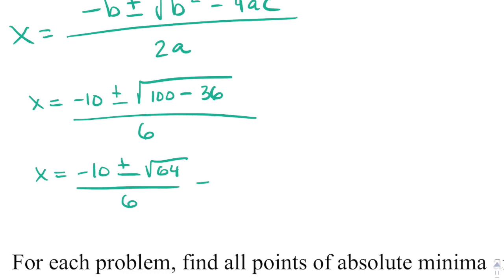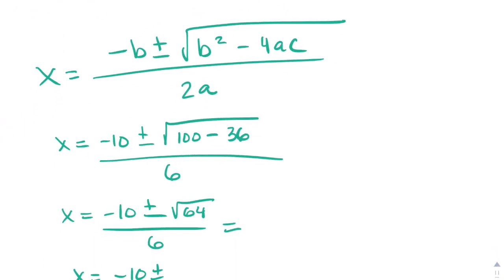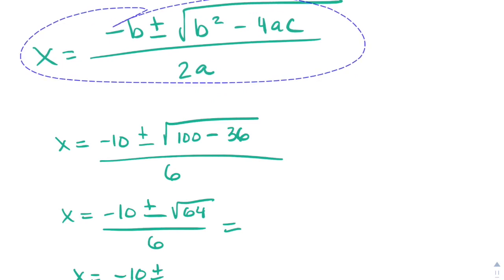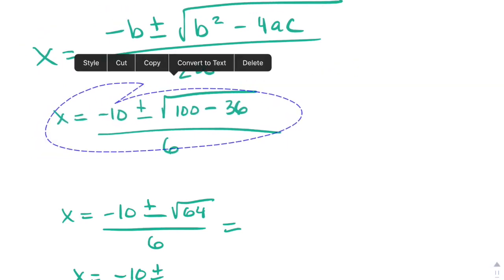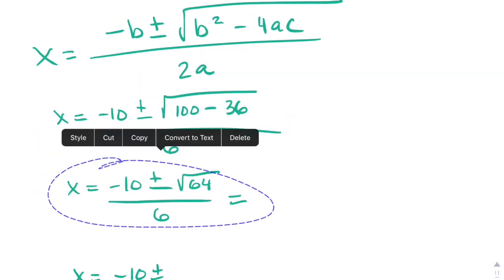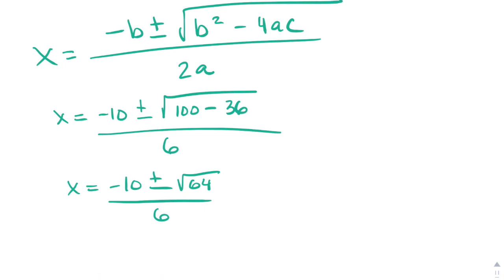So x equals negative 10 plus or minus 8 over 6.